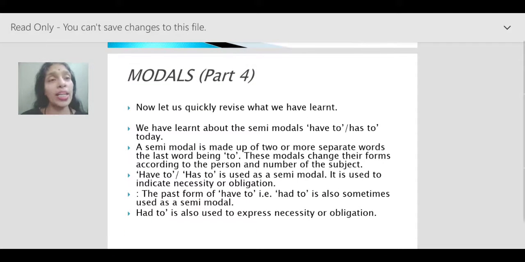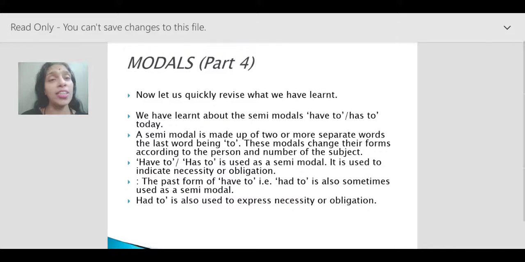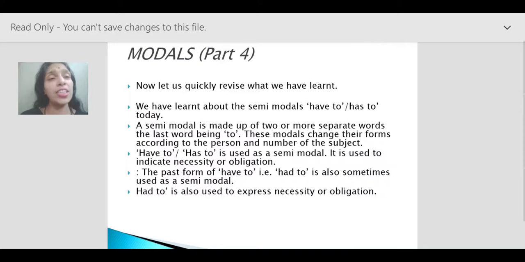Now, let us quickly revise what we have learned. We have learnt about the semi-modals have to, has to today. A semi-modal is made up of two or more separate words, the last word being to. These modals change their forms according to the person and number of the subject.